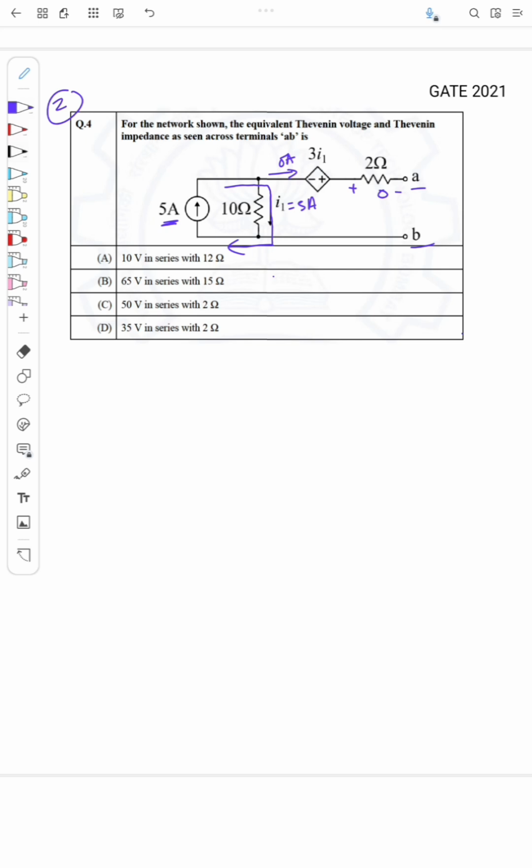If I1 is 5 ampere, the voltage drop across the 10 ohm is 10 into 5 equal to 50 volt. Now VAB is equal to the voltage across this 10, that is 50, plus the voltage here, 3I1.